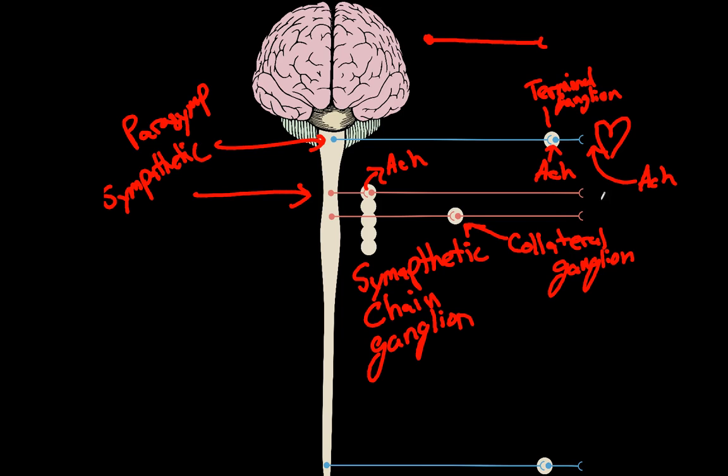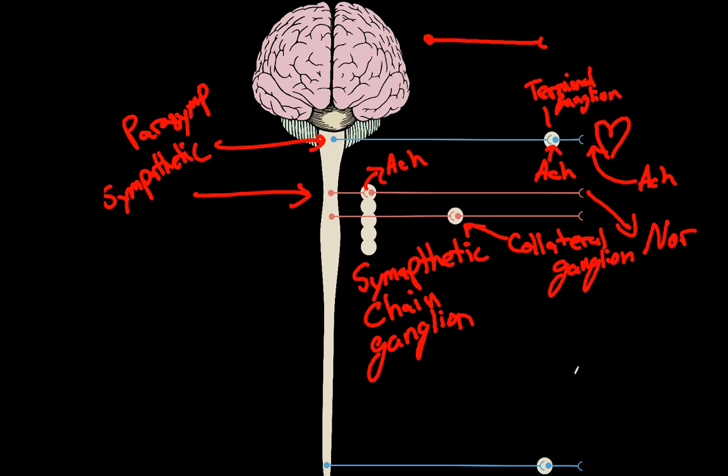But at the terminal end, where we're actually synapsing onto the effector organ, the sympathetic nervous system is using norepinephrine as the neurotransmitter. So at the very end, where it's affecting the actual effector organs, the parasympathetic nervous system is using acetylcholine, while the sympathetic nervous system is using norepinephrine.